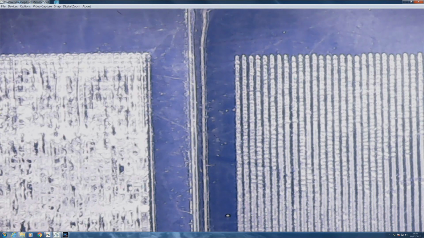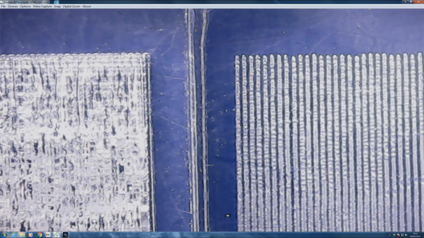The other thing that I want to point out to you is this. On the left hand side, we've got a pattern that's done at 25 millimeters a second, and the lines are touching. The reason they're touching is because I'm running very slowly at 25 millimeters a second, and the power has a chance to stay in one spot so long that it's burning nice big holes in the acrylic.